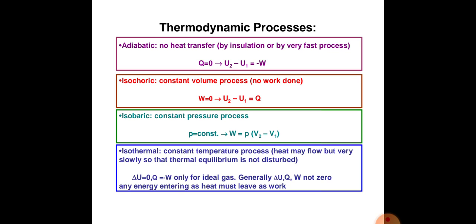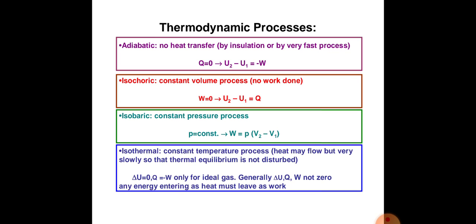In isochoric process there is a constant volume process. Next process is isobaric. The last one is isothermal. In this process, a constant temperature process, heat may flow but very slowly, so that thermal equilibrium is not disturbed. This is only for the ideal gas.